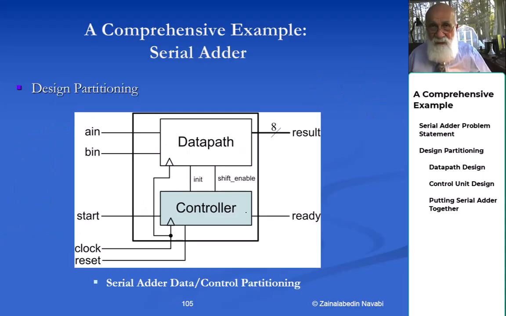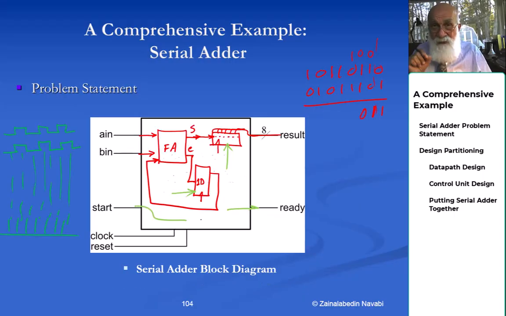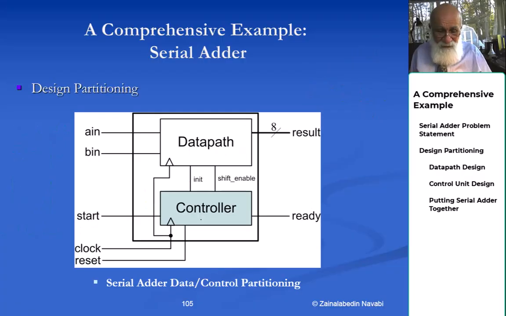I'm going to have a data path. I'm going to have a controller. The data path has those 3 components. My data path has a signal called init coming from the controller, so this flip-flop here will be initialized to 0. My data path has a signal coming to it for shift enable. That means don't keep shifting all the time. Only shift when the controller tells you to.